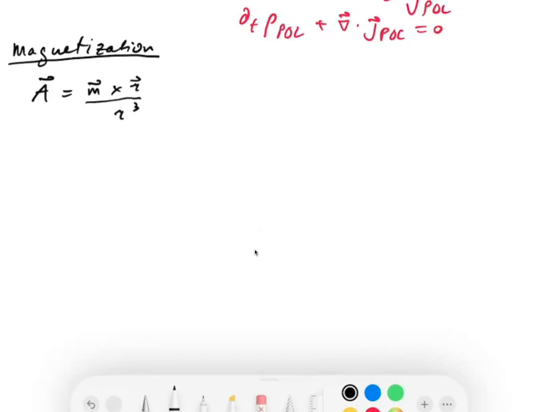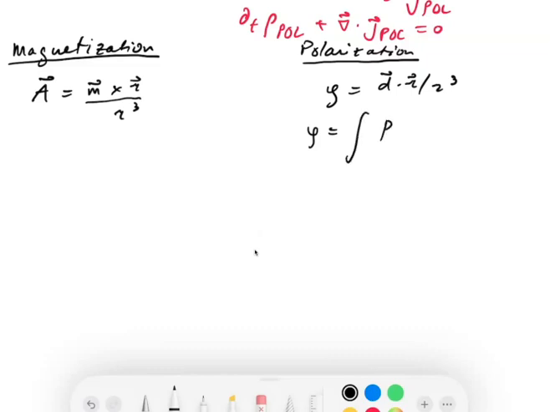And then with polarization, the workhorse is this dipole phi, which is d·r over r cubed. So we can write phi as an integral over a polarization density, r minus r prime, over r minus r prime cubed, d3x prime.